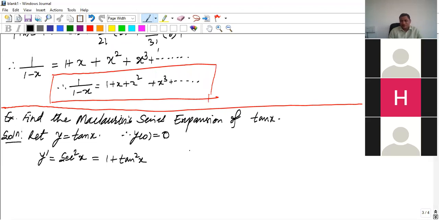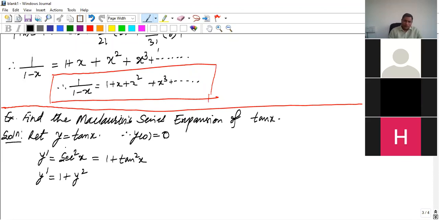Is that okay? Yes, sir. So 1 plus tan square x is going to be 1 plus y square, because y is equal to tan x.